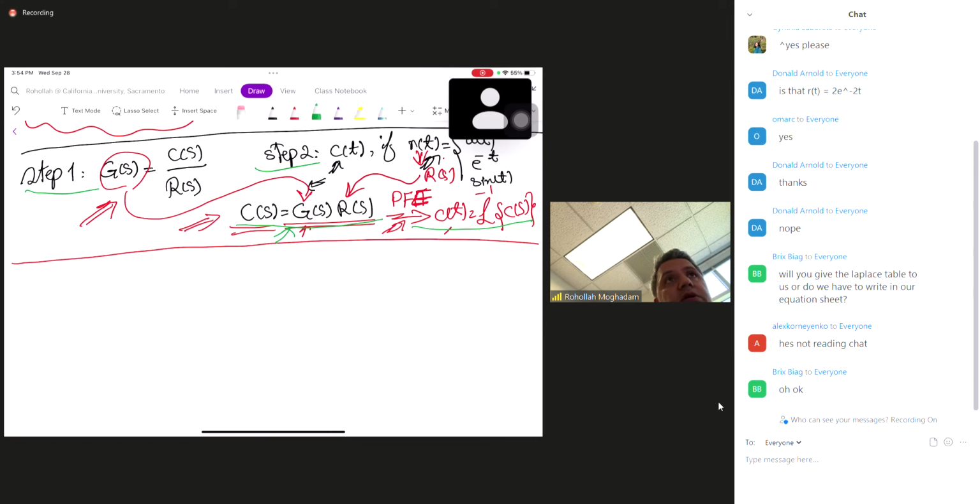The Laplace table and Laplace theorems will never give you all these steps. So I will give you the Laplace table, but I want you to know the steps you go through to solve the problems. All right, any other question?